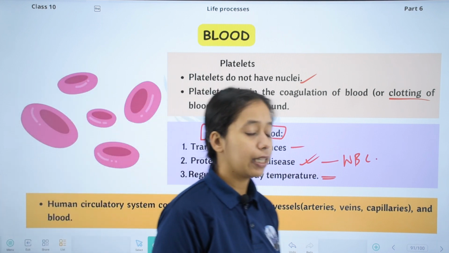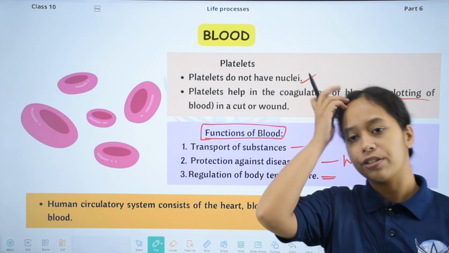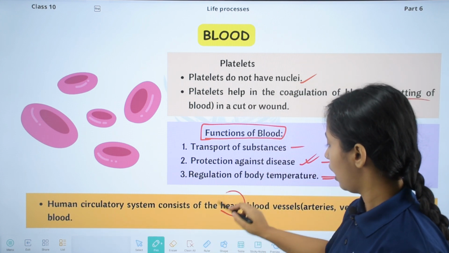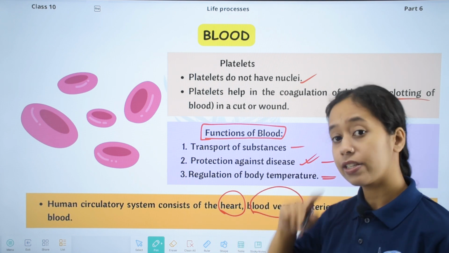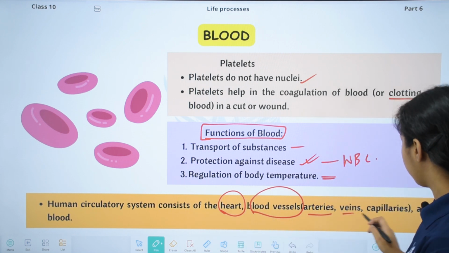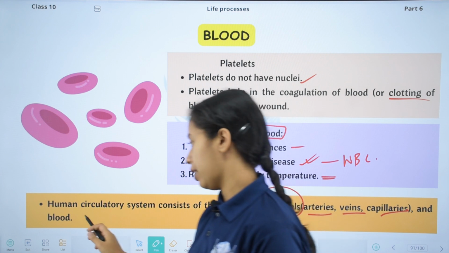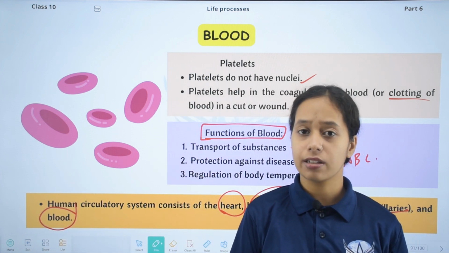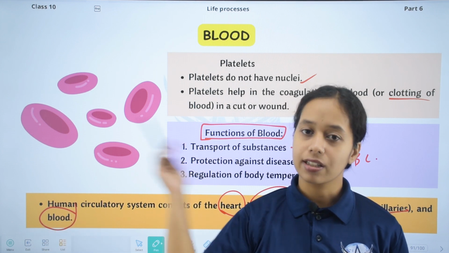Now let's come to the blood circulatory system, or in short the circulatory system. The human circulatory system consists of the heart, and blood vessels, under which we have arteries, veins, capillaries, and blood. Blood is an integral part of the circulatory system because blood transports substances.